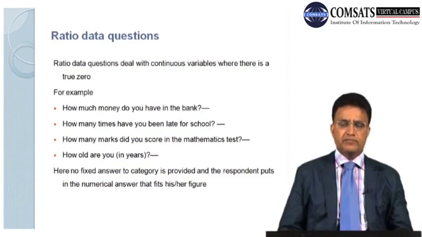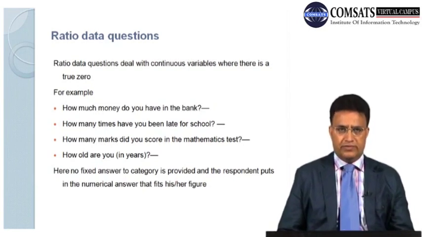How many times have you been late for school? If you ask a student, it would be a continuous one. There won't be any answer like the ones we discussed, for example, with reference to the dichotomous type of question, yes or no. Here it could be any number.